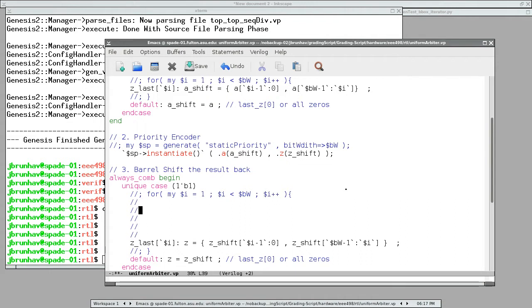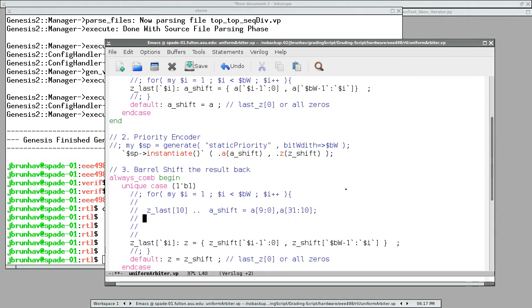When you do run into these, what it's easiest to do is just to run through some simple examples. So let's imagine the case where z_last is 10, right? So that means that a_shift is really going to be a[9:0], and then a[31:10].